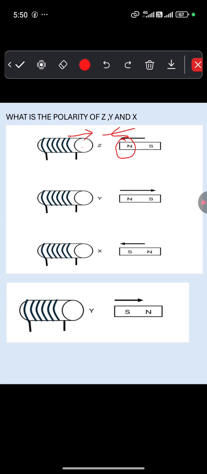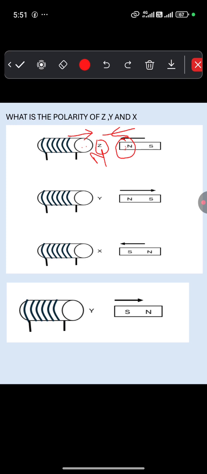So it will create a pole that will repel this, because when you push it in, it wants to repel it. So here Z must be a pole that repels the north pole. And the pole that repels the north pole is what? It is the north pole as well.